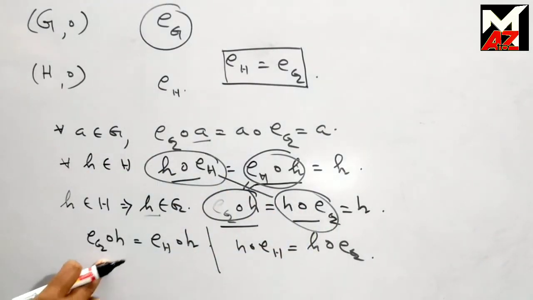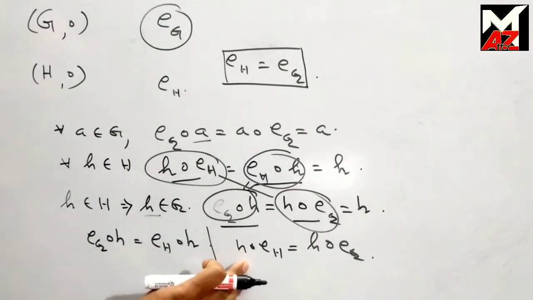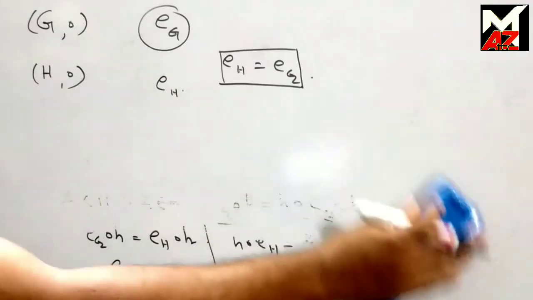Now here, if we apply the right cancellation law, or here if we apply the left cancellation law, then we get EG equal to EH, or this gives the same result, EH equal to EG. Okay, so we say that the identity element is the identity of the group in all subgroups.